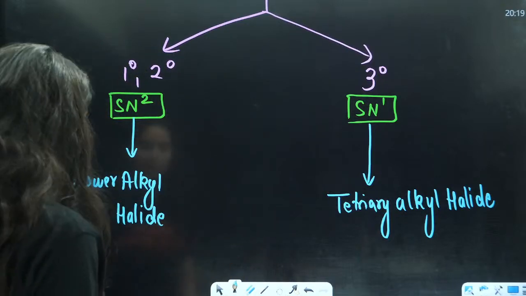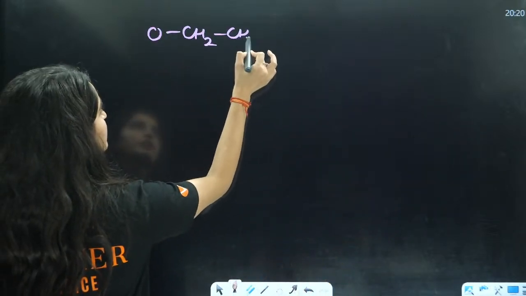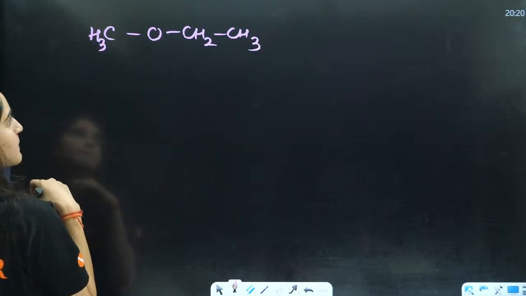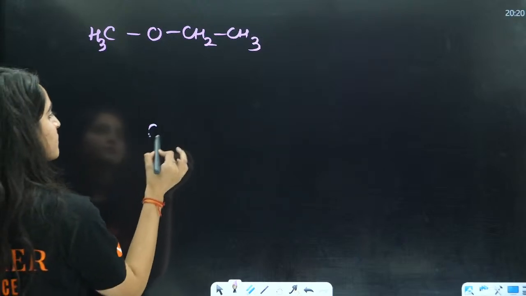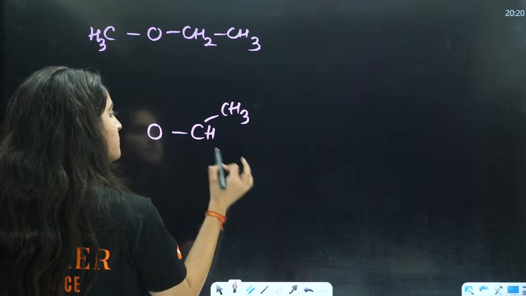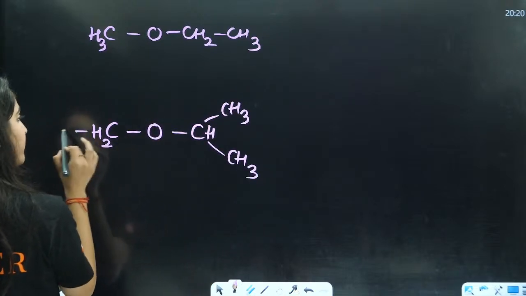Now I will give you one reaction. One is O, CH2, CH3, and this is CH3. Other is O, CH, CH3, CH3, this is CH2, CH3.